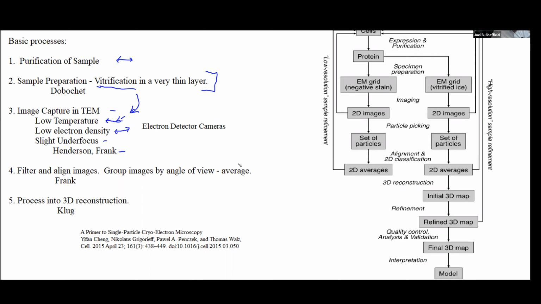So let me go back to here, this is the section that I'm talking about of grouping the images by the angle of view. Okay, and then you create from that a 3D map using essentially those procedures that Klug had developed in the 1960s.